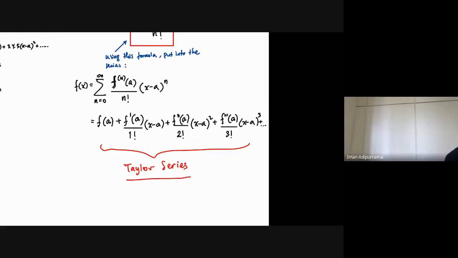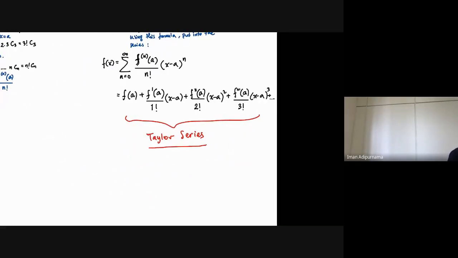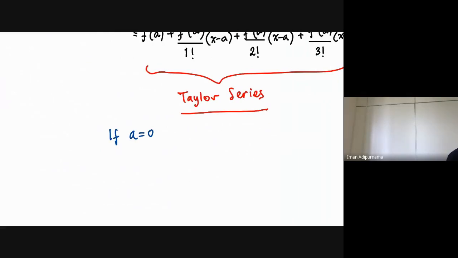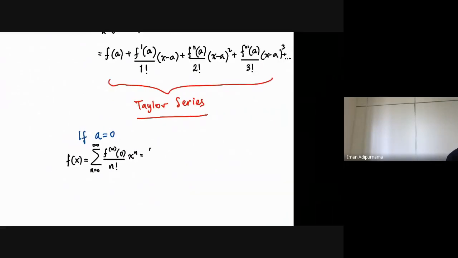And then what is the Maclaurin series? So the Maclaurin, if you have, let's say, a is equal to 0, then the functions will be equal, and because a is 0, then I can write just x.